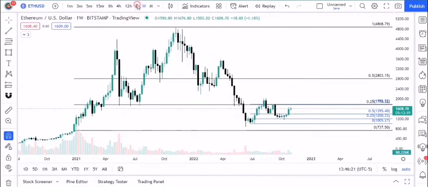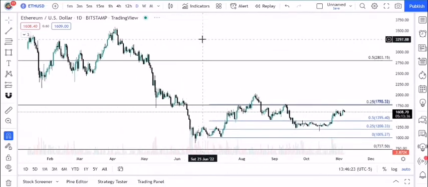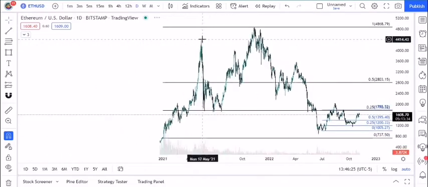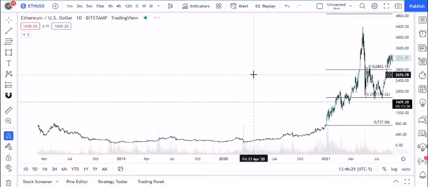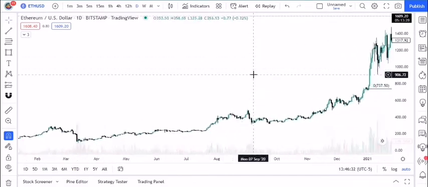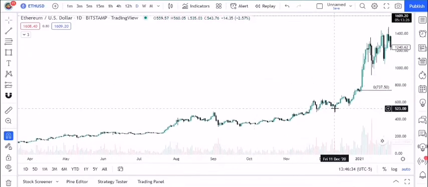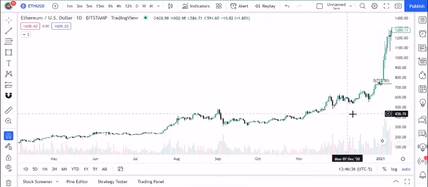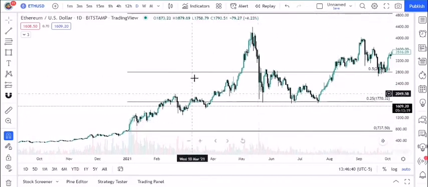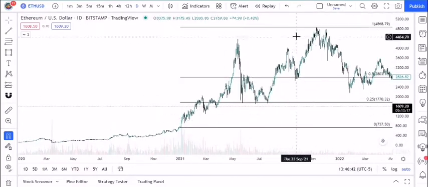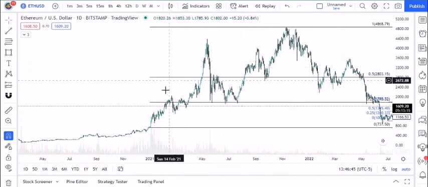And now we go to the daily chart, and here I would like to determine this base, this daily range that was the base of this huge move to the upside, which caused our new all-time high on the previous cycle.